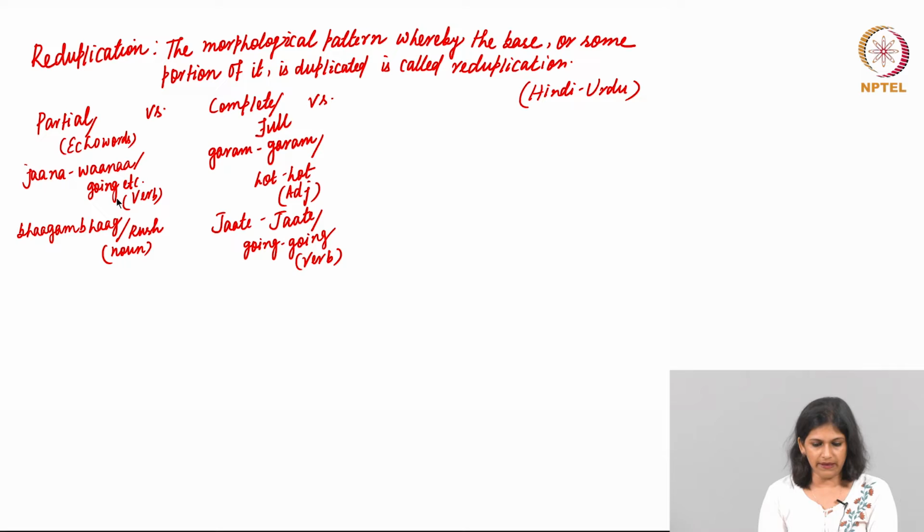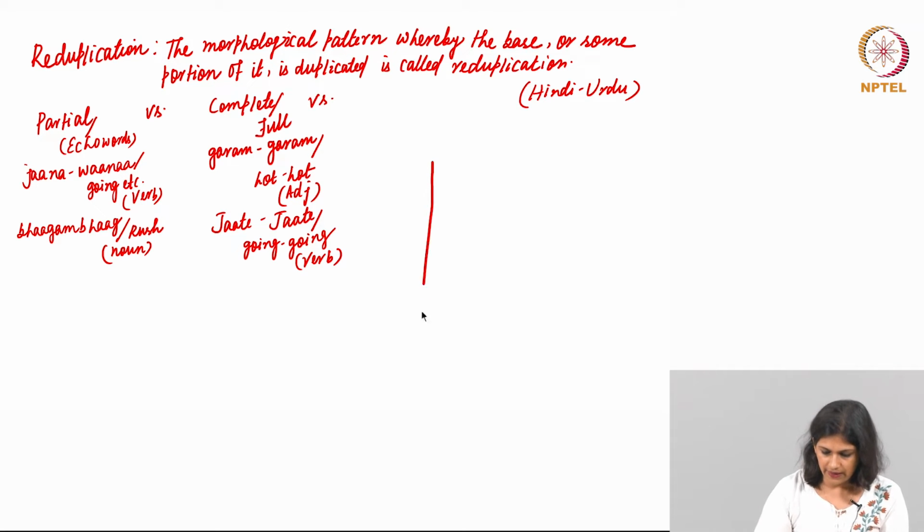That is why it is complete reduplication or full reduplication. Then we have jate jate, which is a verb. So, jate jate would be going going. That is also a reduplication of the verb go. So, these are some examples of partial versus full reduplications in Hindi Urdu.